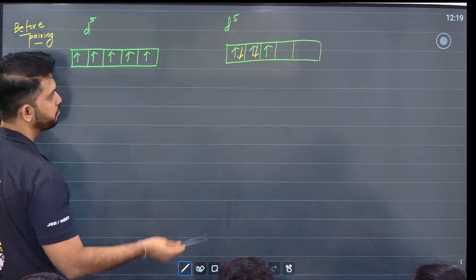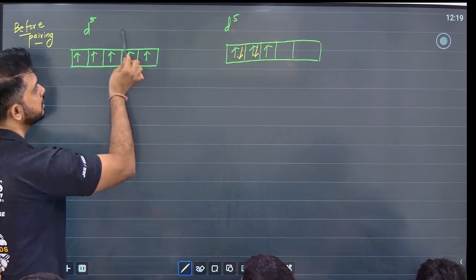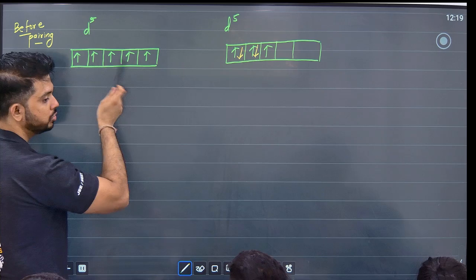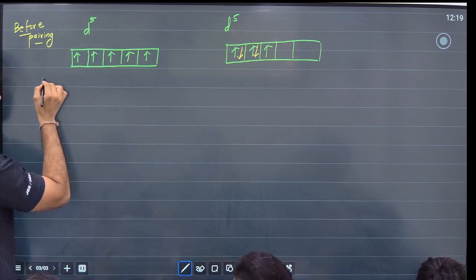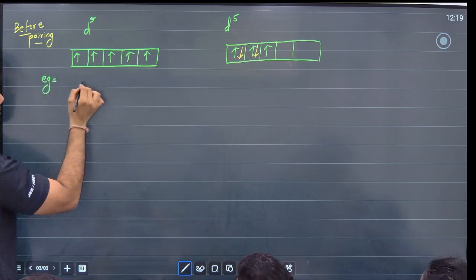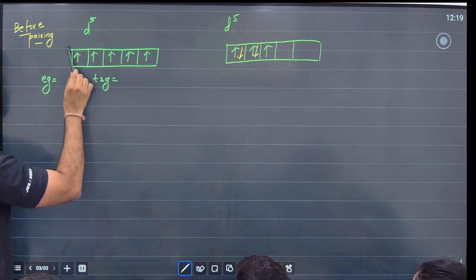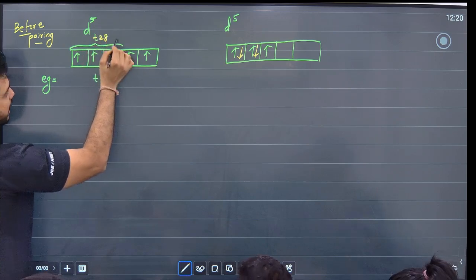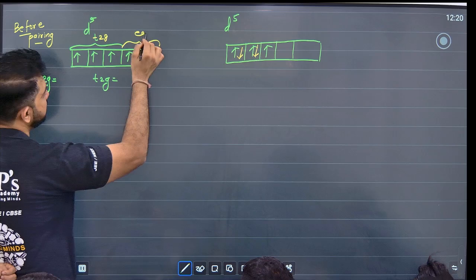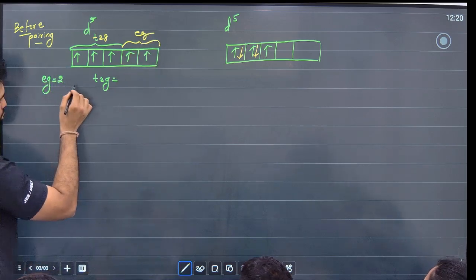What we just did, the next two electrons, we just shifted them from EG to T2G. Now tell me, how many electrons do you see here in EG and how many in T2G? Remember, your first three are T2G and these two are EG.